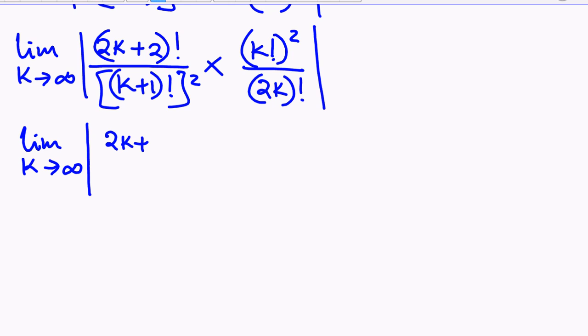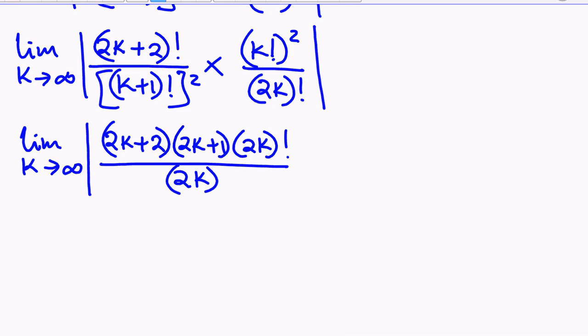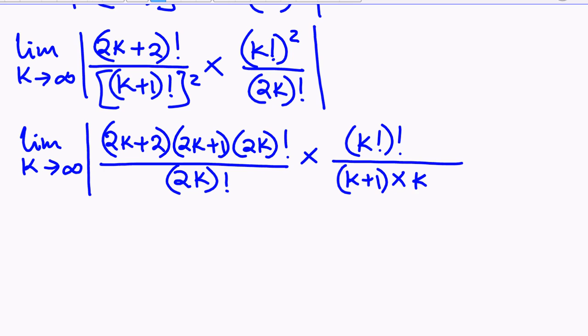So 2k plus 2 multiplied by 2k plus 1 multiplied by 2k factorial over 2k factorial, all right, multiplied by k factorial squared over, now the bit at the bottom I can expand as k plus 1 multiplied by k factorial, all this squared, if that makes sense.